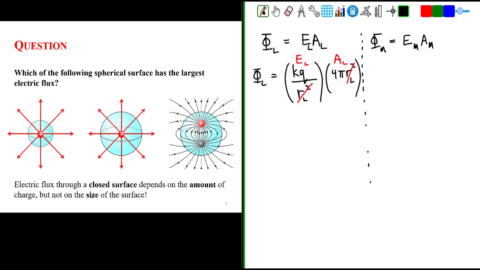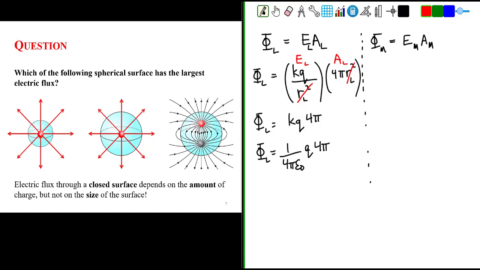So when we take a look at this, we get the electric flux is equal to kQ times 4 pi. Well, you know what? I know that Coulomb's constant k can be written as 1 over 4 pi epsilon naught, and we have a Q and a 4 pi left over.